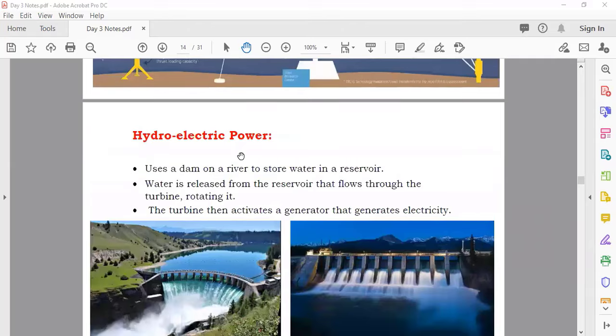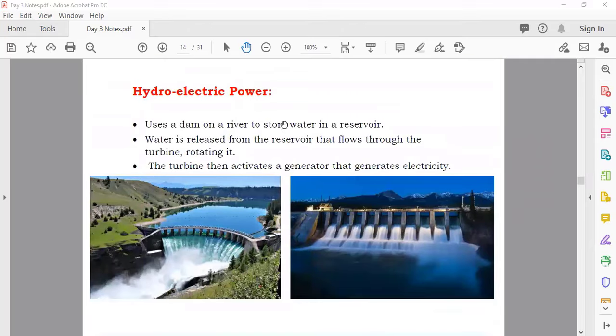Yes. Okay. Now this is hydroelectric. Hydroelectric is used by a lot of countries. What they are doing is making a dam. A dam is a place where they store water. This is the dam. Here they store the water. Dams are mostly on high places where you have mountains, and the water comes down from the mountain and is stored here.